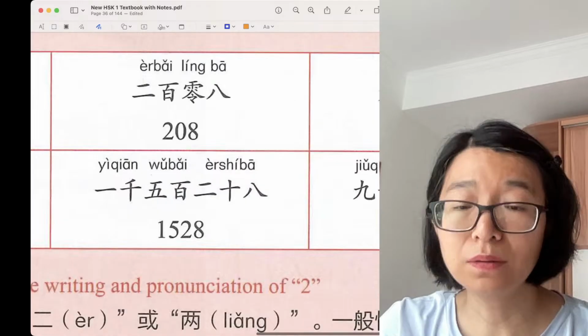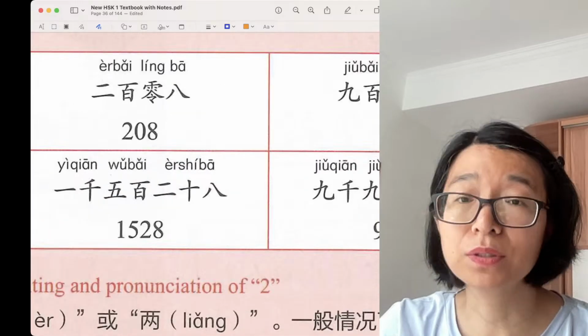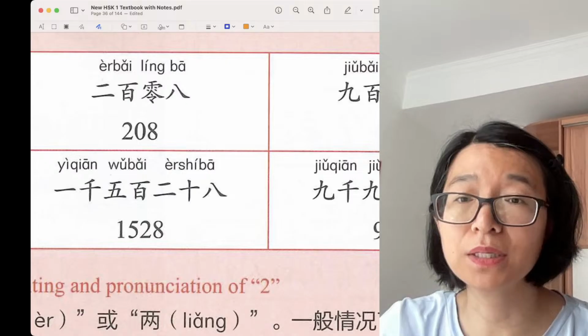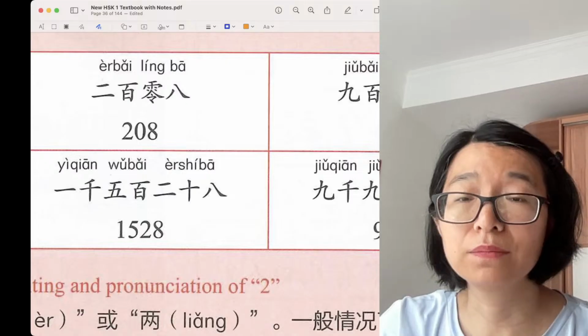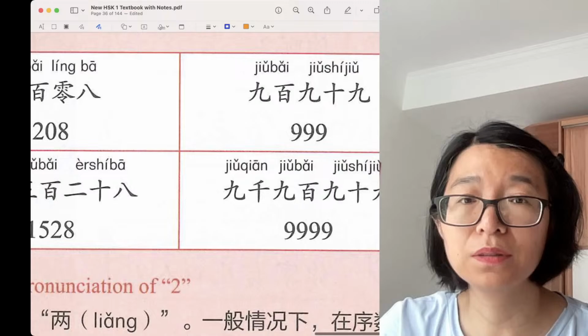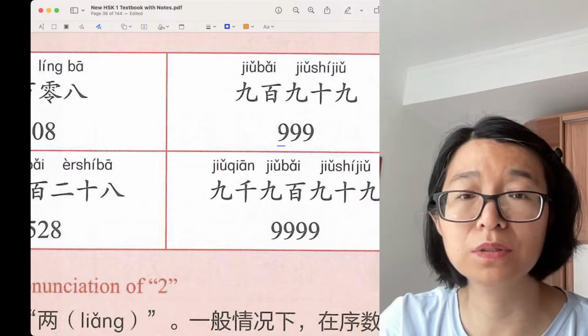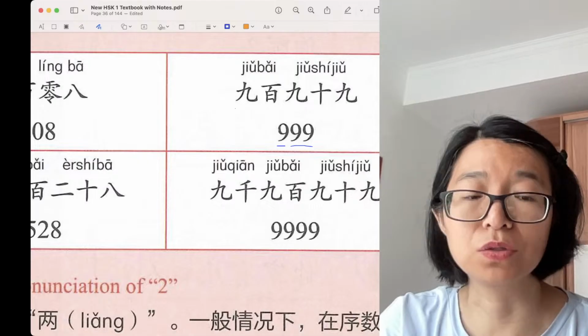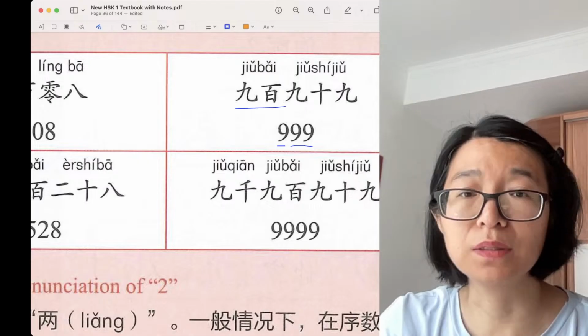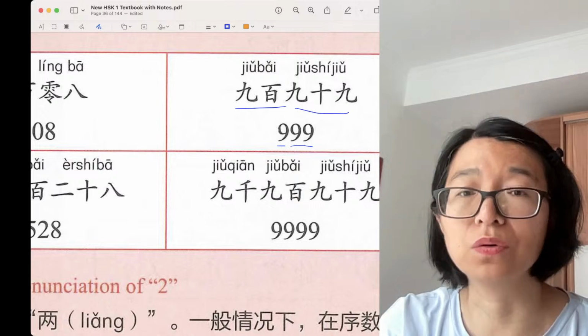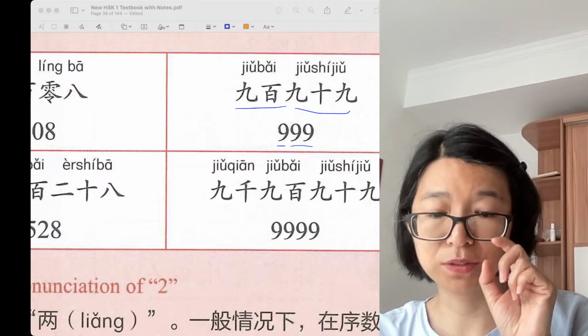Now let's say 999. How do you say it? Okay, not that difficult, because what you just say is 900 first. 九百, that is 900, right? 九十九, that is 99. So 九百九十九. 999.